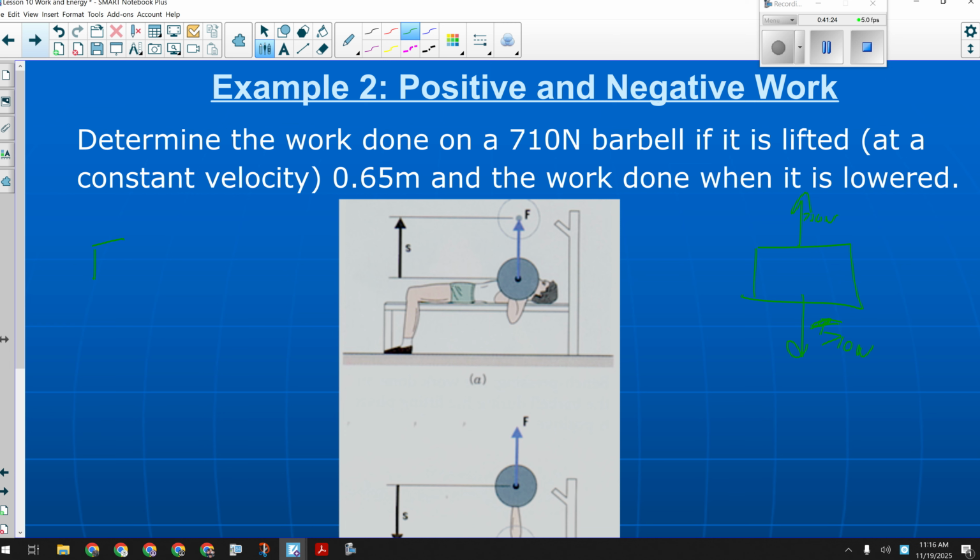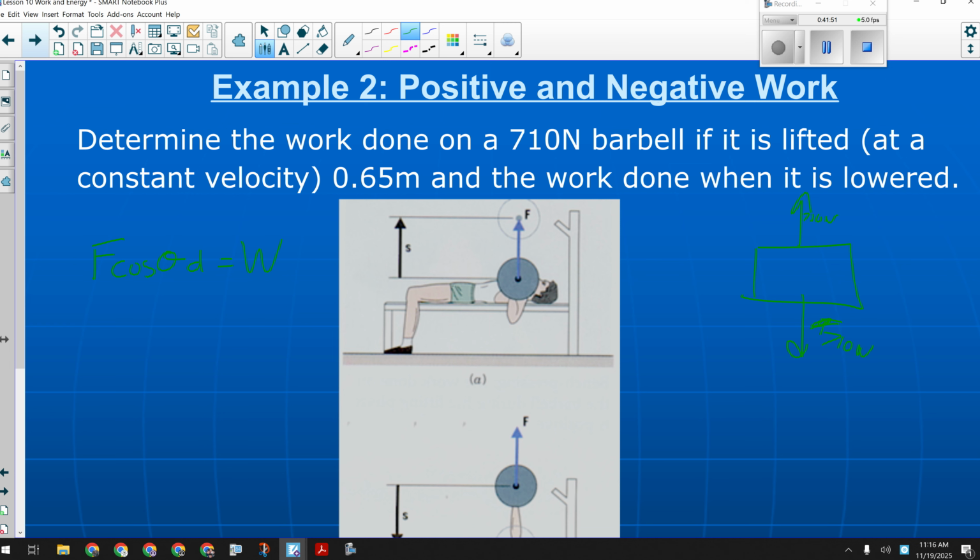Okay, so let's have a look at that. F cos theta times d equals work. Now, I'm pushing straight up. The barbell is moving straight up. What's theta? 0. They're parallel. What's the cosine of 0? 1. So does this even matter in this situation?